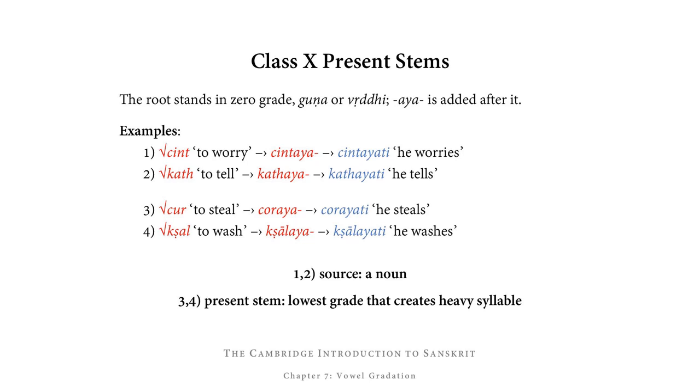So for example, of chint, to worry, we have a present stem, chintaya, and a third singular, chintayati, he, she, or it worries. Of kath, to tell, we have a present tense stem, kathaya, and a third singular, kathayati, he, she, or it tells.